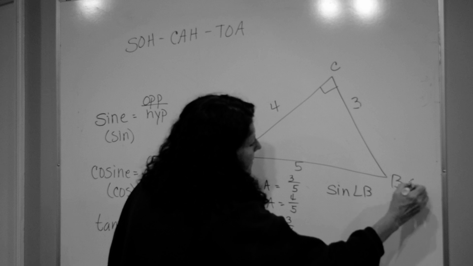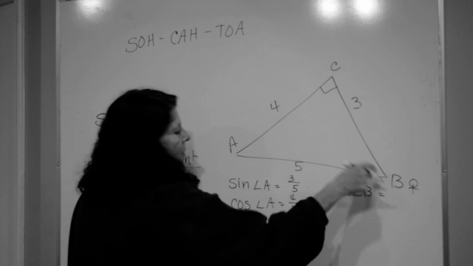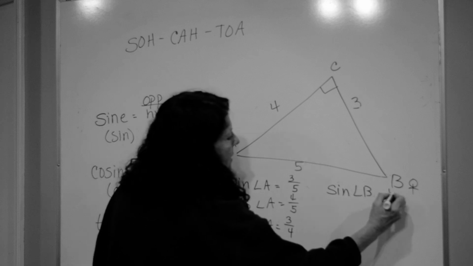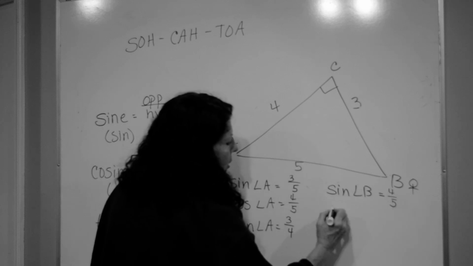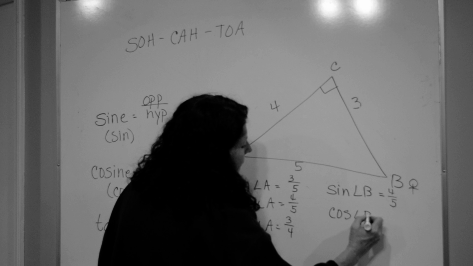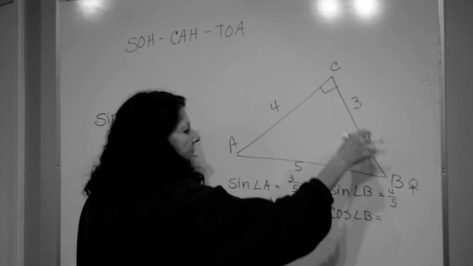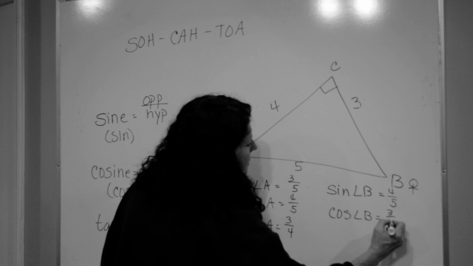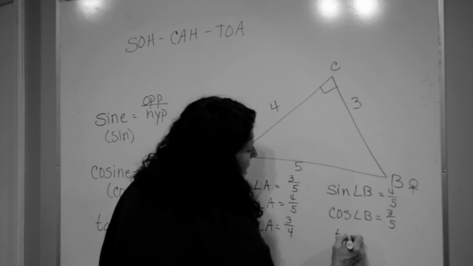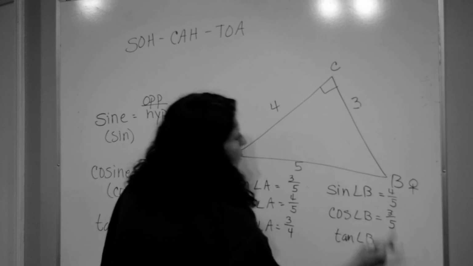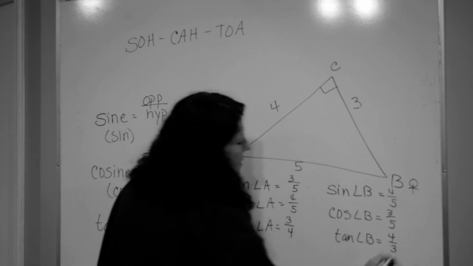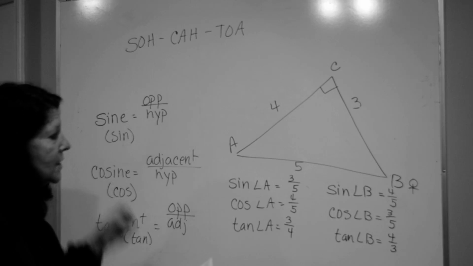Let me give myself some space here. So if I'm standing here, opposite over hypotenuse is 4 over 5. Cosine of angle B is adjacent. Remember, I'm standing here, so adjacent over hypotenuse. And tangent of angle B would be opposite over adjacent, or 4 over 3. So it's all perspective of where you're standing.